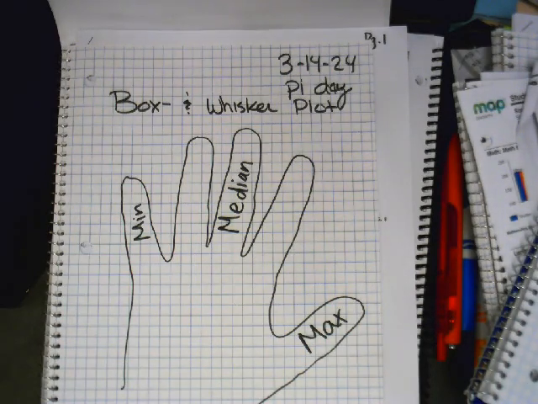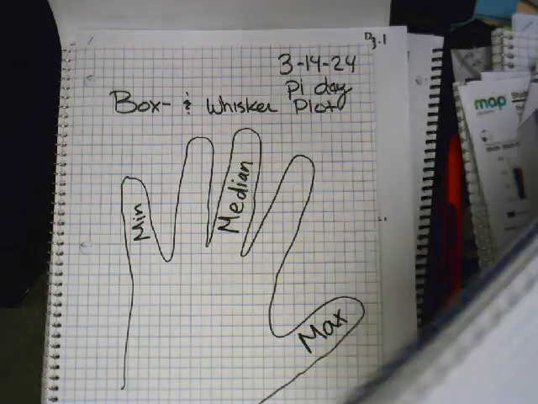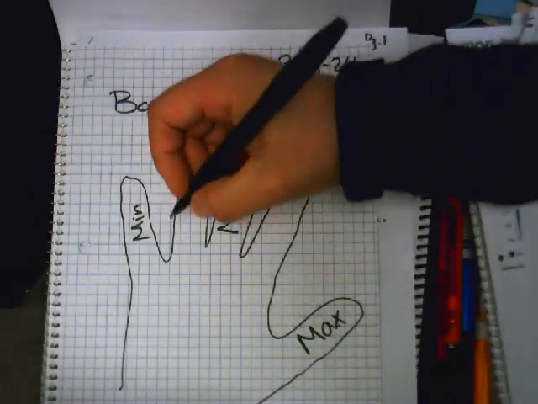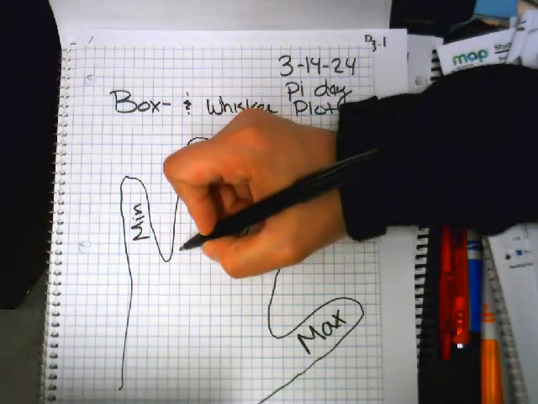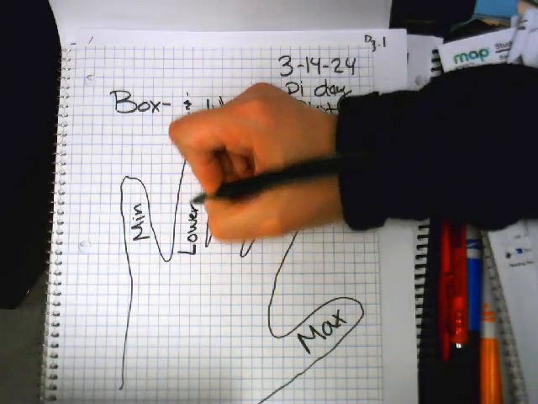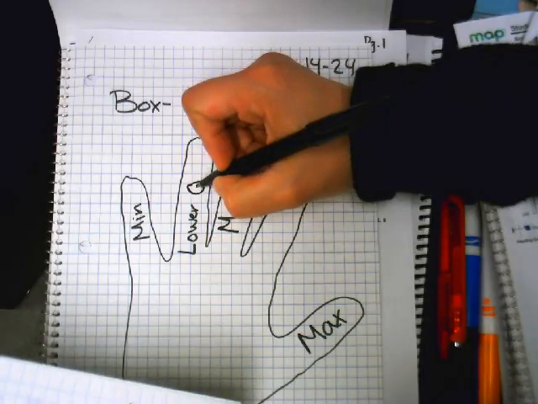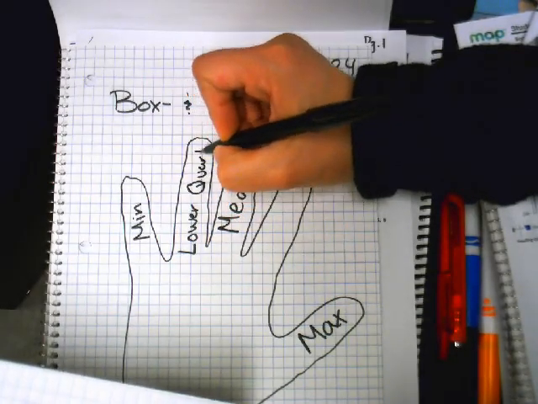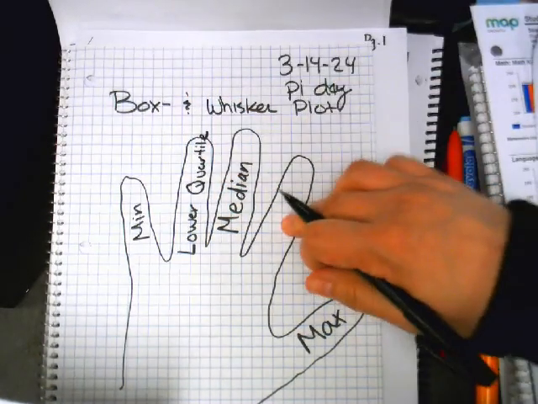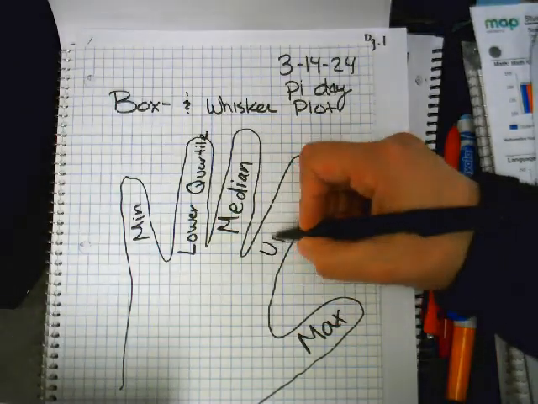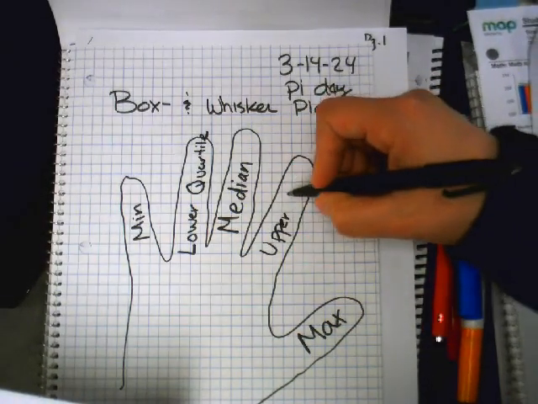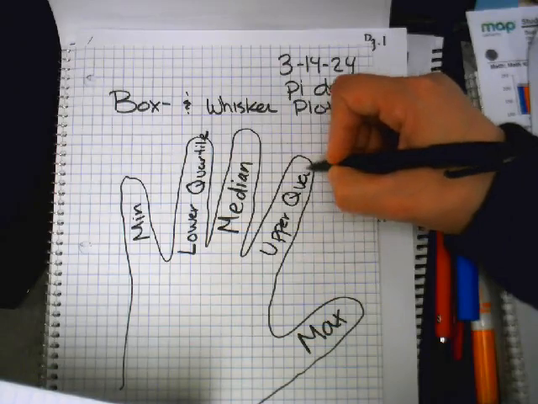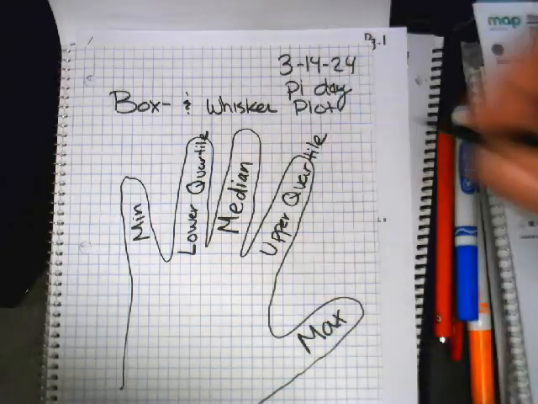Now, your ring finger and your pointer finger, those don't make sense right now, but they will in a second. The ring finger is called the lower quartile, okay? And your pointer is called your upper quartile. Okay?